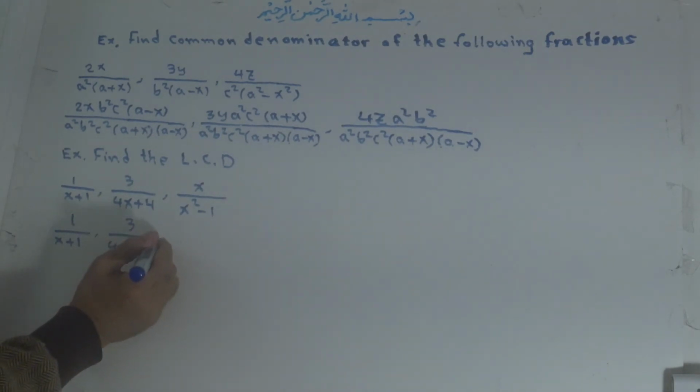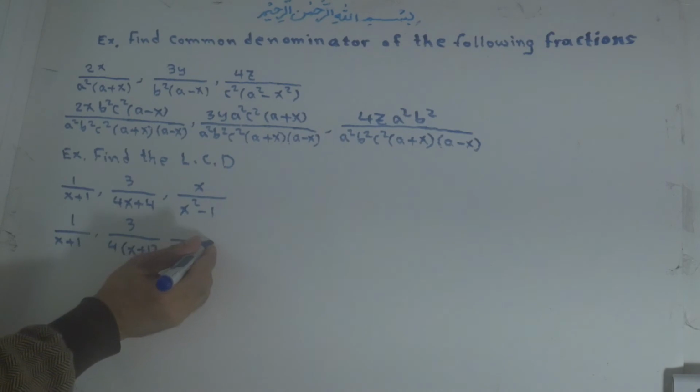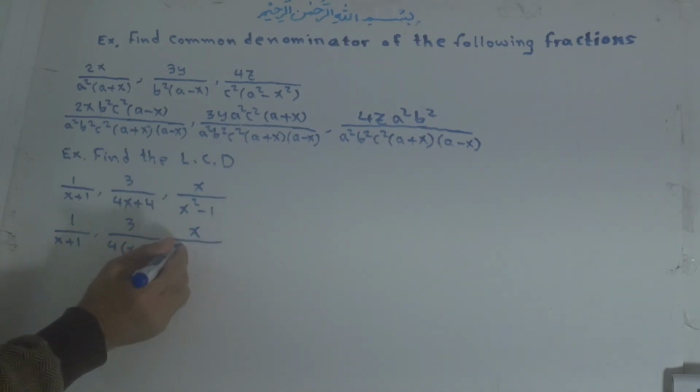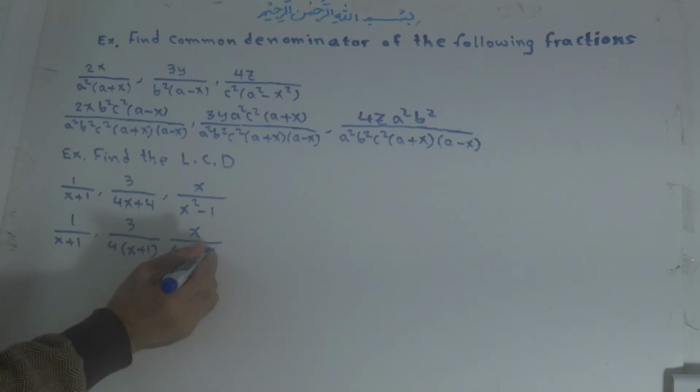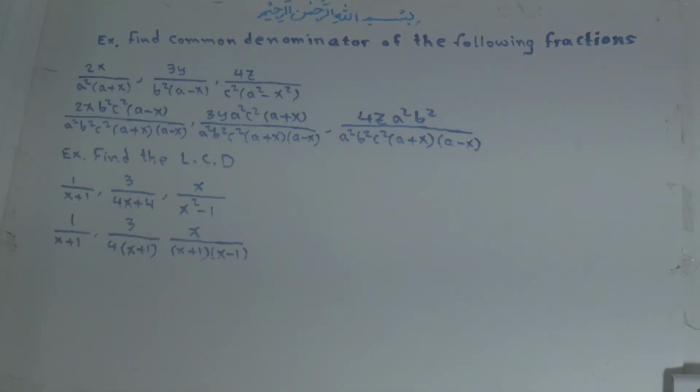And for the third one, x over x plus 1 times x minus 1, because if you factor x to the power of 2 minus 1, we know from the previous lesson that it is x plus 1 times x minus 1.